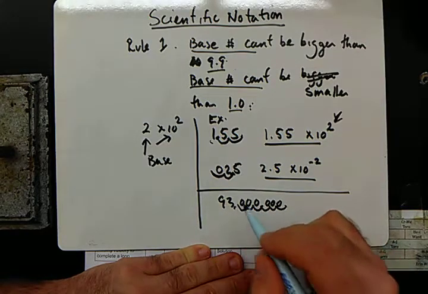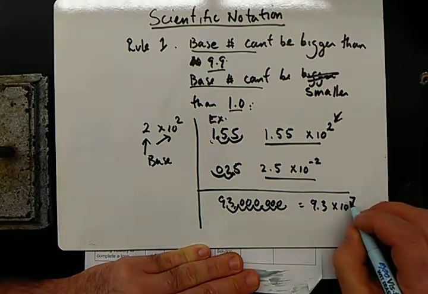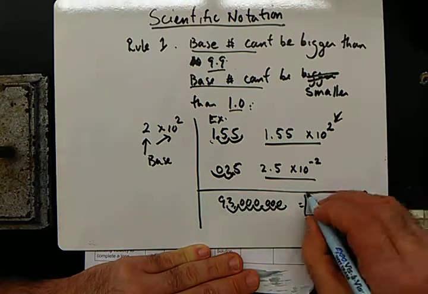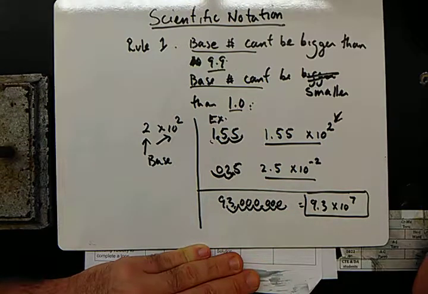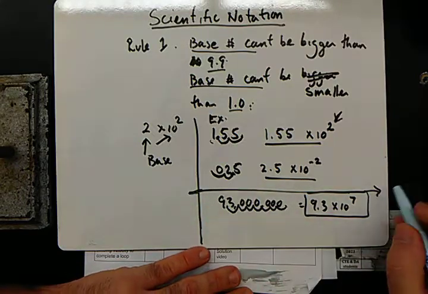So we got a 9.3 times 10, and we moved it over 7. And that's a positive 7 because the number is large. So this is our answer in scientific notation. Again, this is something that you should probably have learned in math class, but it's just going to be a little review for you guys in that case.